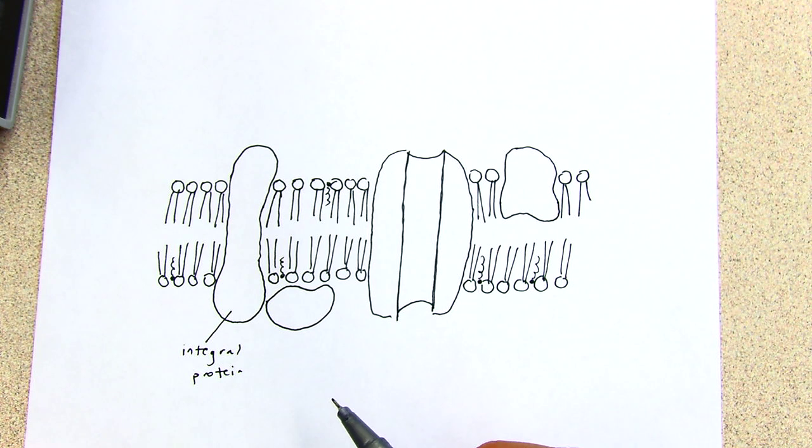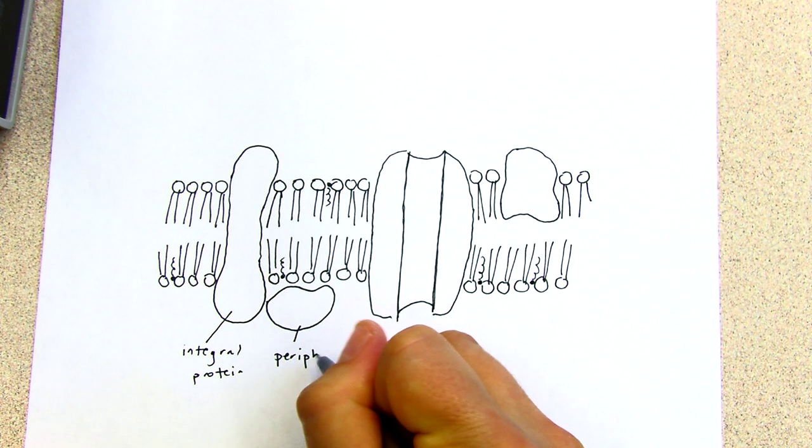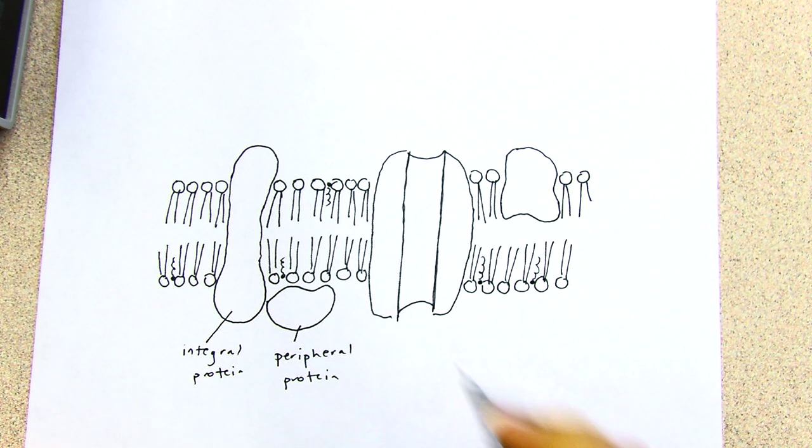So you can write that if you want to, but integral protein. And it's distinguished from a peripheral protein. And it's a peripheral protein because it doesn't penetrate into the hydrophobic layer. It's just hanging out with the hydrophilic heads of the phospholipids.